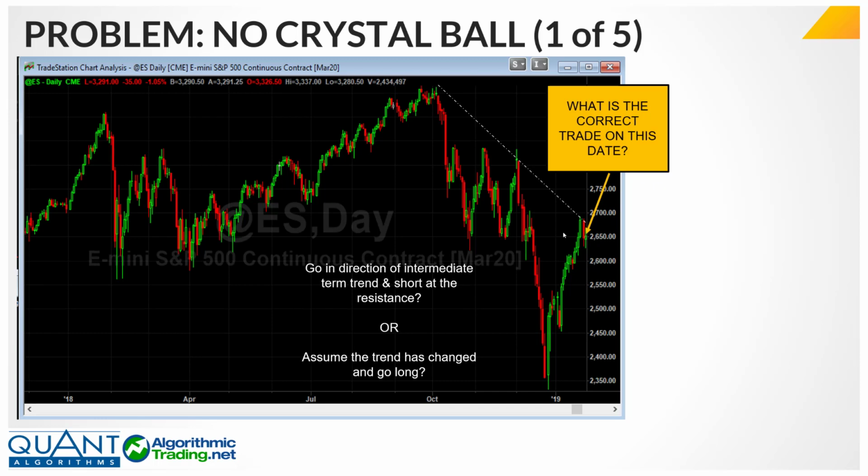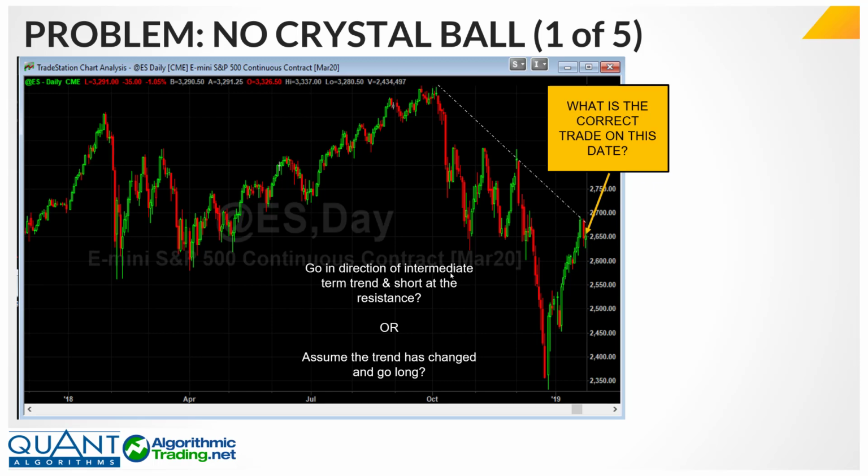And the question I have for you is, if you're a trader and you're looking at this chart, what is the correct trade to place towards the end of January, as this candle kind of points to? And again, this is assuming that you don't know what's going on, because I'm doing this video early 2020, so obviously we know what happened in 2019. But just think in terms of what would the correct trade be here to make.